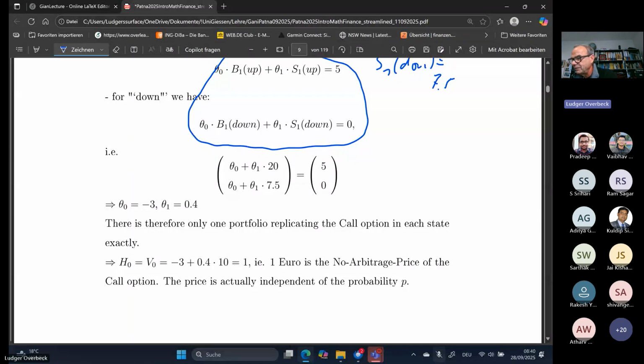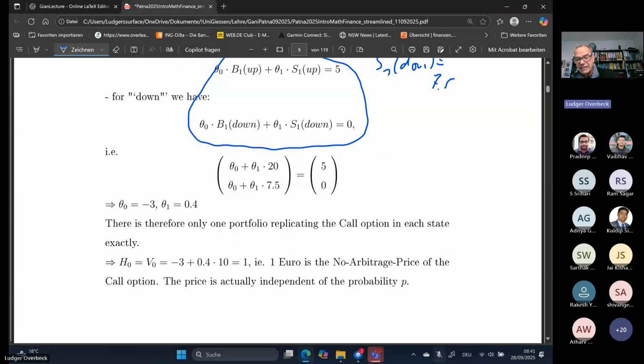There is only one portfolio replicating the call option in each state, and it gives the value of this today, this value we're interested in. That's the non-arbitrage principle. This means if something has the same value at year 1 or at a later point in time, it must have the same value today. That's what's called no arbitrage.